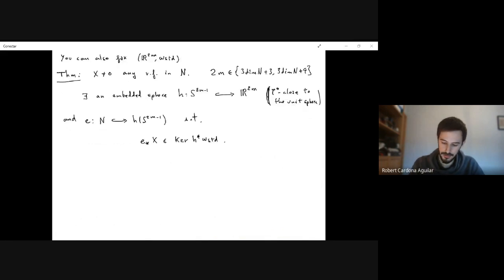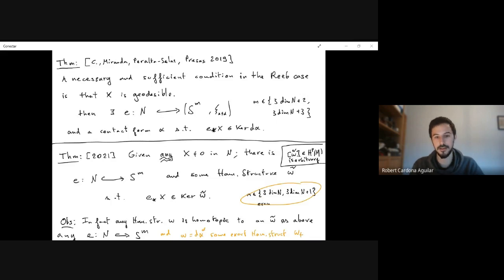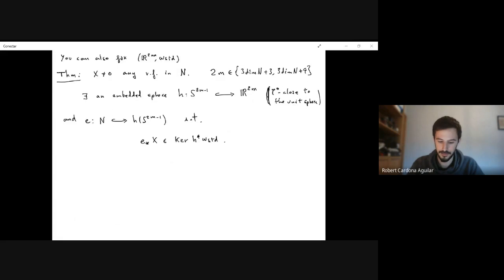So here, what I was saying is that in this theorem, I'm just speaking about a Hamiltonian structure on an odd-dimensional manifold. Now I want to say something about the ambient symplectic manifold. And the message is that up to adding a few more dimensions, you can fix the ambient symplectic manifold. So this is another statement.